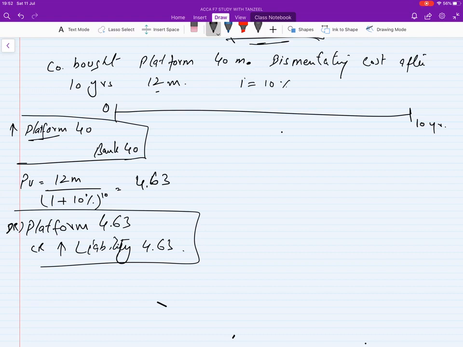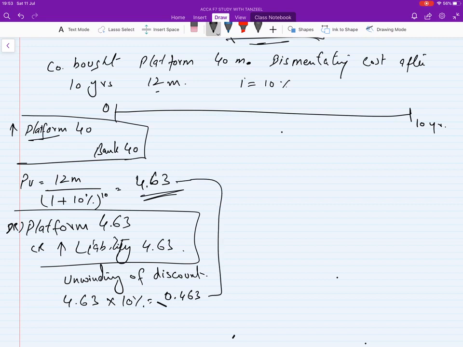So if we have discounted this value by 10%, then we need to unwind it with 10%. Unwinding of discount is 4.63, and take 10% of this, which is 0.463.